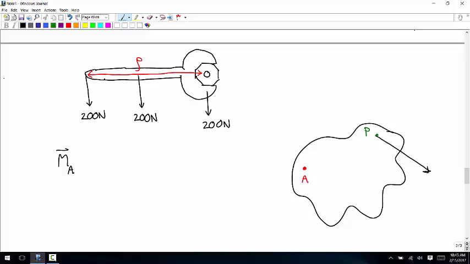So let's say this is the force vector F. The rho vector goes from A to P. So there's the rho vector. And mathematically, the moment produced by that force F is equal to the rho vector crossed with the force vector.